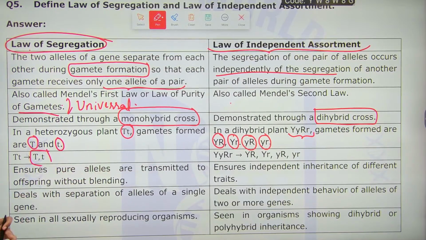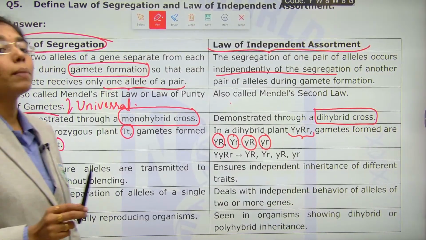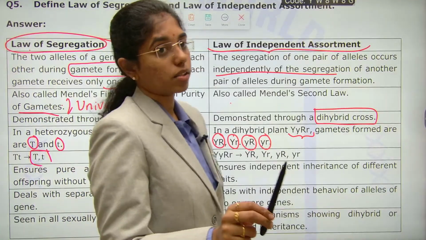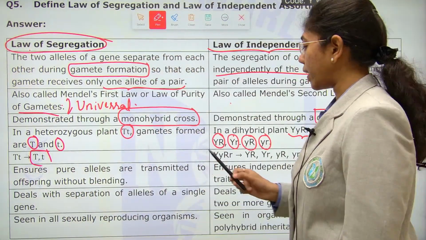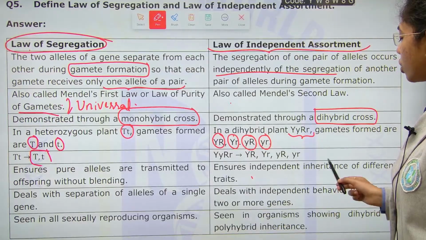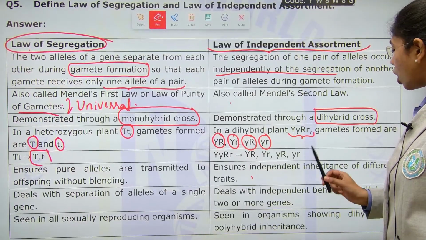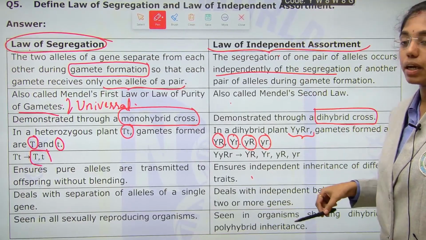Law of segregation ensures pure alleles are transmitted to offspring without any blending. There is no mix or blend of alleles present in a factor. But here in the law of independent assortment, this ensures independent inheritance of different traits.